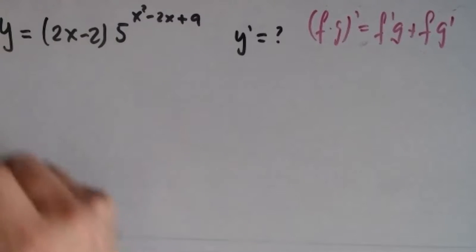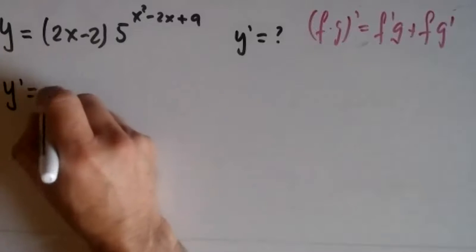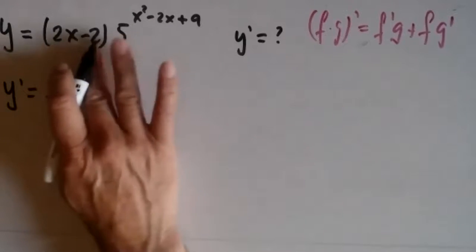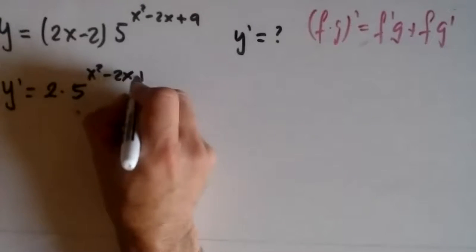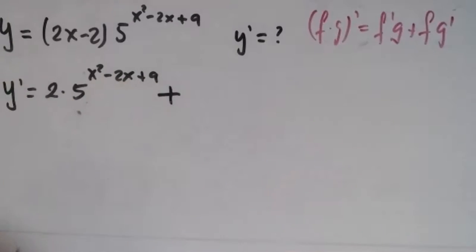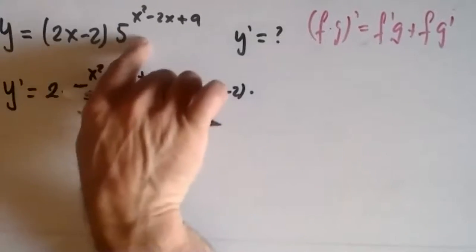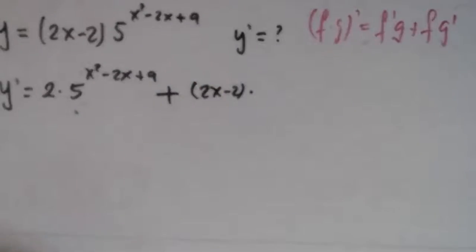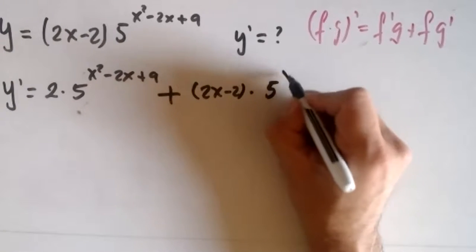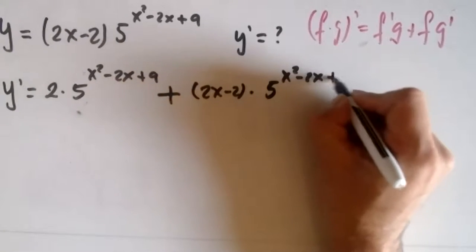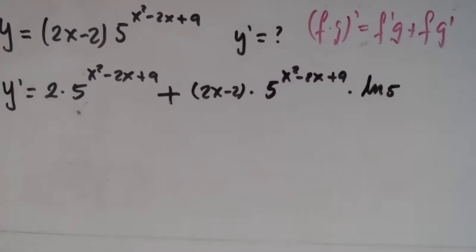So let me put y prime equals derivative of the first one. The derivative of this is 2 times the exponential 5 to the x squared minus 2x plus 9, plus the first function 2x minus 2 times the derivative of the exponential. The derivative of the exponential is the exponential again, x squared minus 2x plus 9, times the natural log of the base.